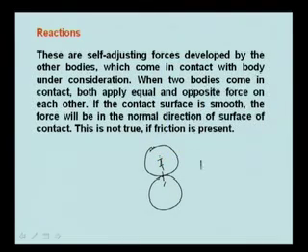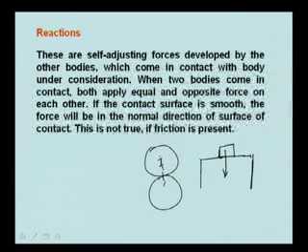Suppose you put a weight on a table. This is being pulled by the gravitational force, it has a tendency to go down, but as it tries to go, it will compress the table, therefore the table in turn will apply a force that will be called the reaction force.